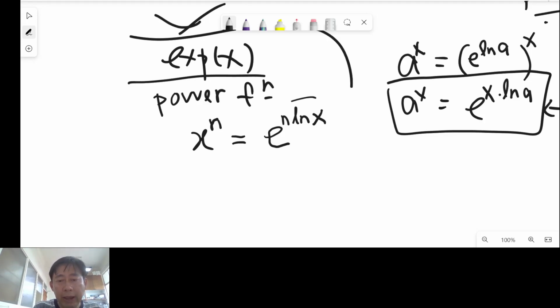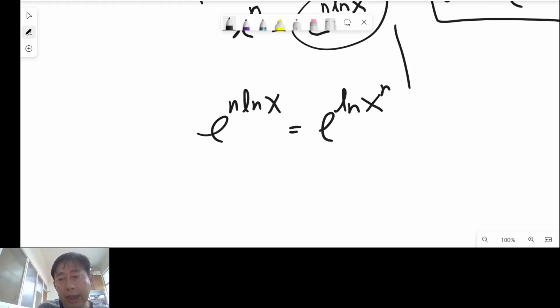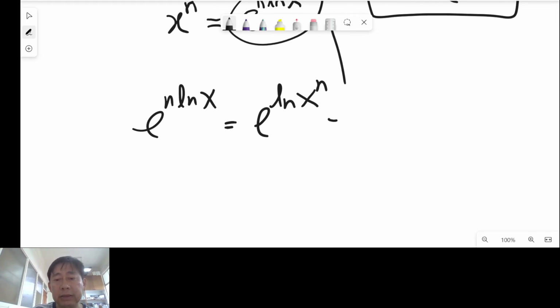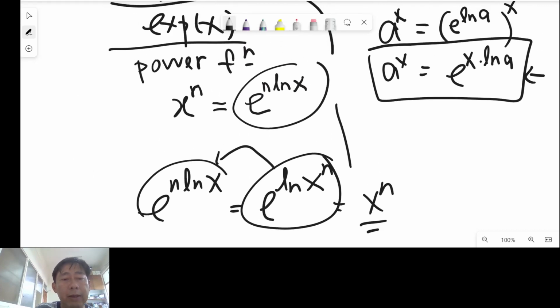So let me look at this expression independently. e power n ln x is equal to e power (ln x) power n, right? So this is the same as x power n, right? So x power n can also be expressed as e power (ln x) power n. Then this again is e power n ln x. So you can define x power n as e power n ln x.